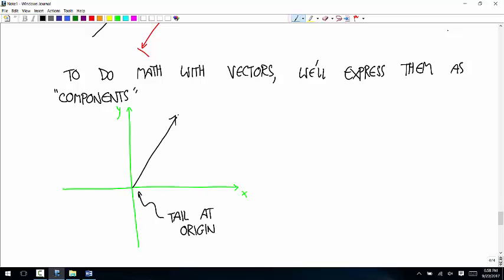Then the vector components are the coordinates of the vector's head.